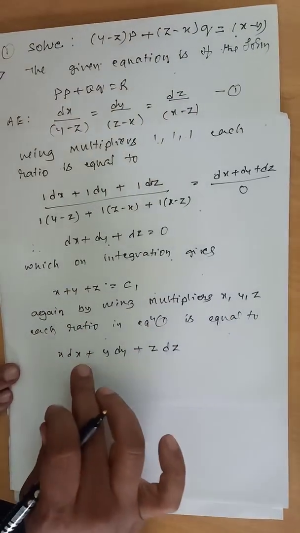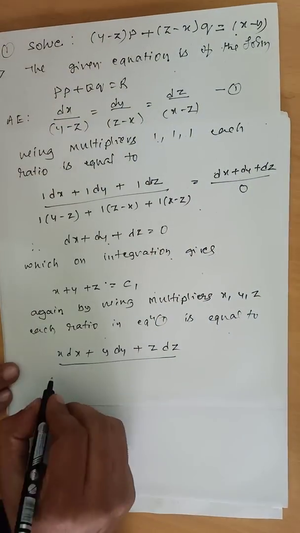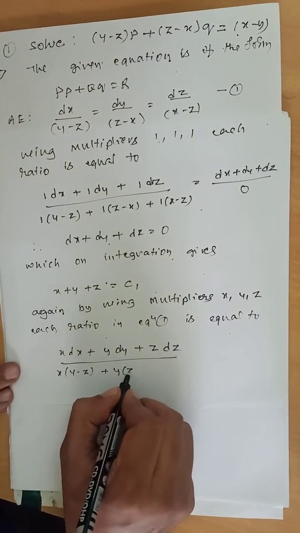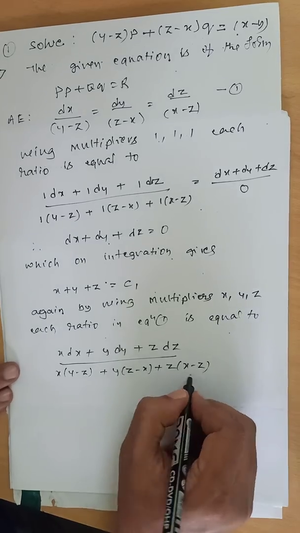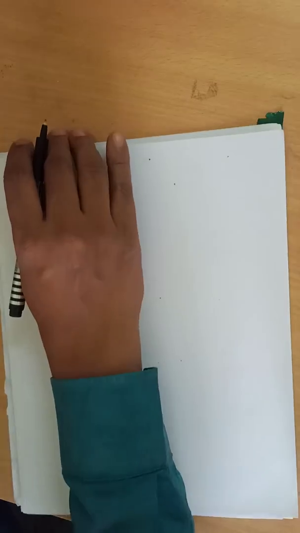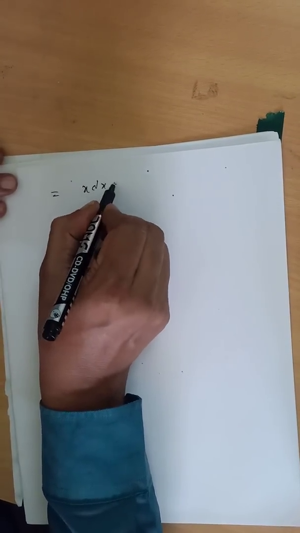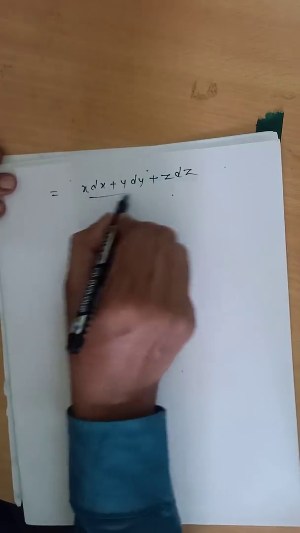Each ratio is equal to, divided by multiplying x into this, x into y minus z, y into z minus x, z into x minus y is equal to x dx plus y dy plus z dz.